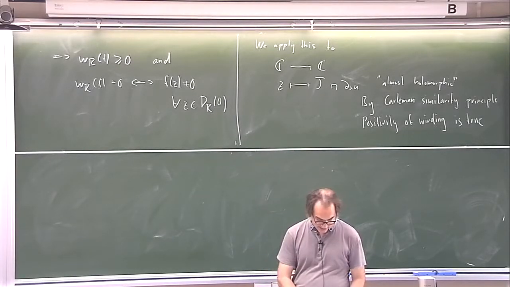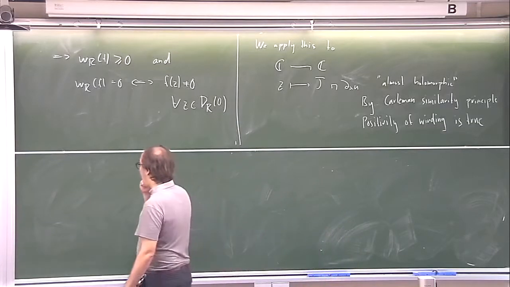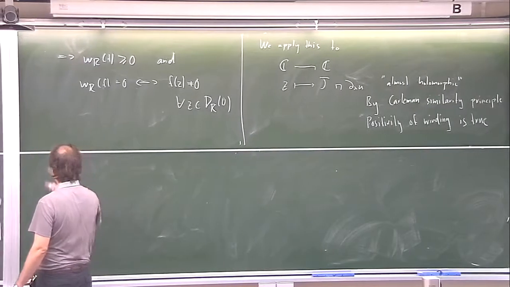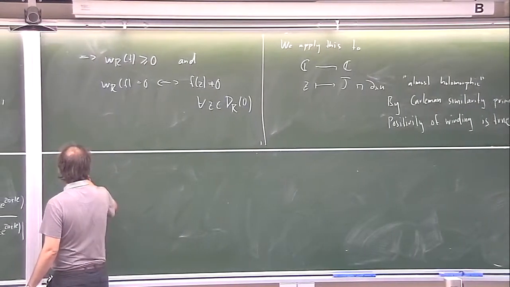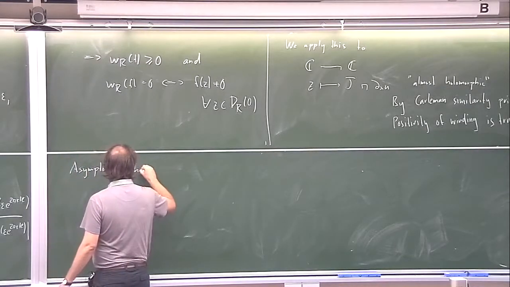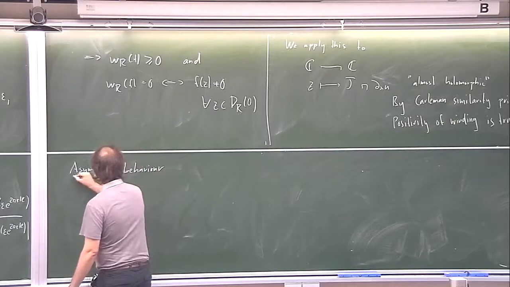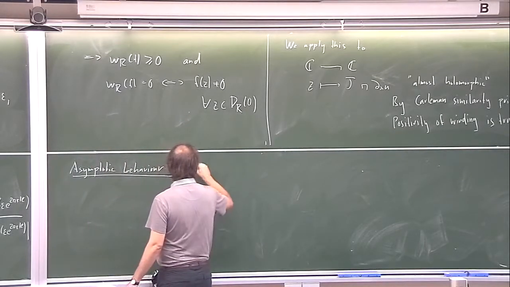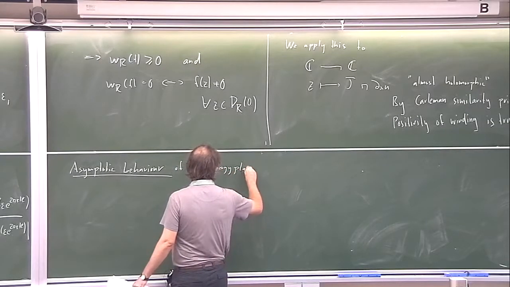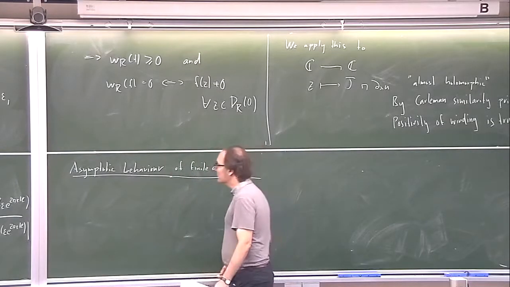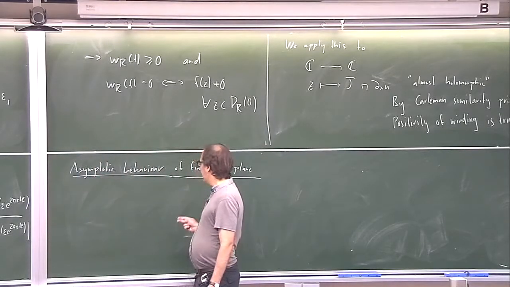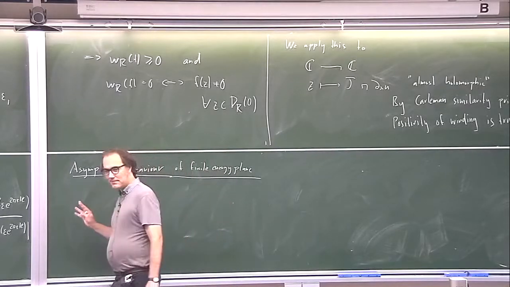Then there is a second ingredient, which is the asymptotic behavior of a finite energy plane. It roughly says the following.